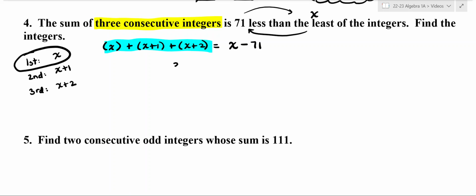It's going to be 3x plus 3. All right, again, this is my left side. I want all of the terms with x on the left. But there's this term right here, x, that is on the wrong side. It needs to be on the left side. So we're going to move it to the left side.